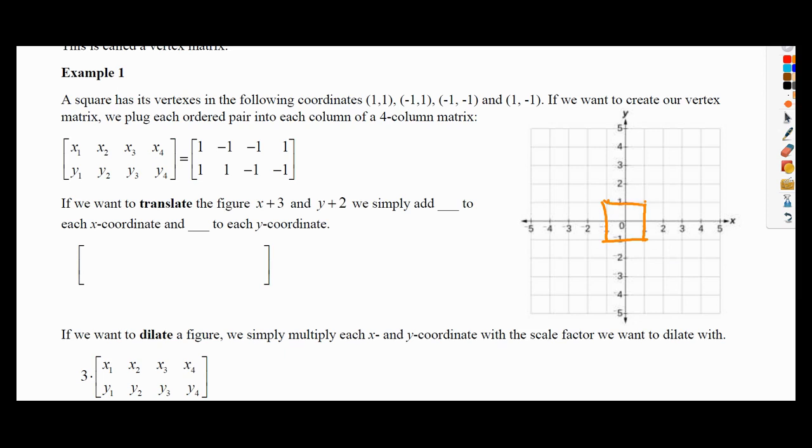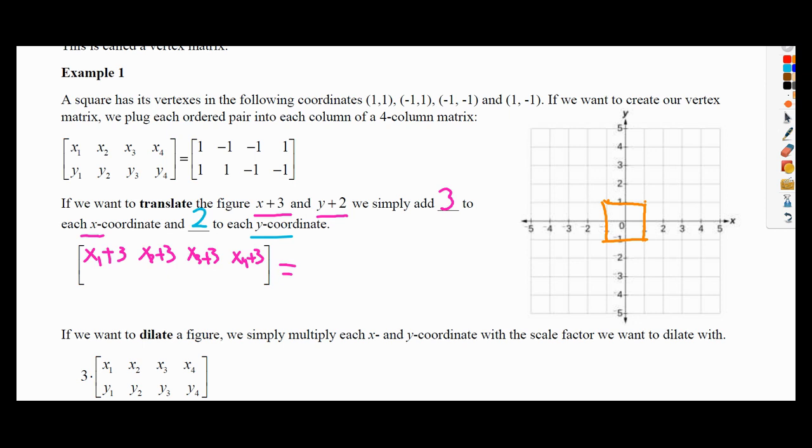All right. If we want to translate the figure 3 to the right and 2 up, we simply add 3 to the x coordinates and 2 to each y coordinate. So x1 plus 3, x2 plus 3, x3 plus 3, and x4 plus 3.